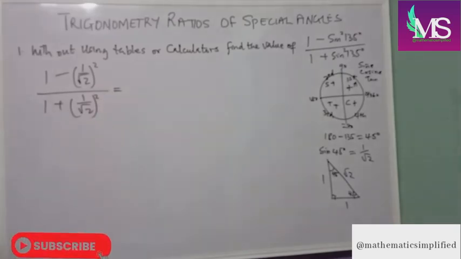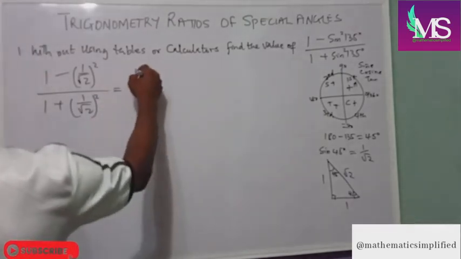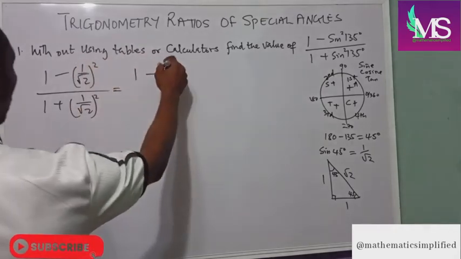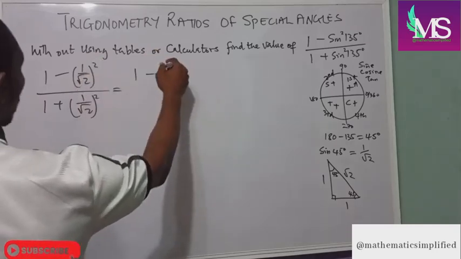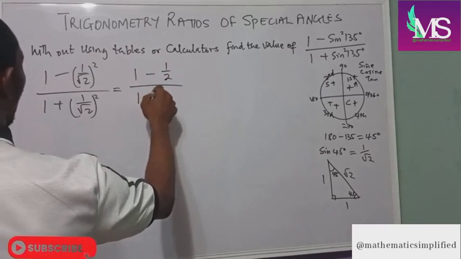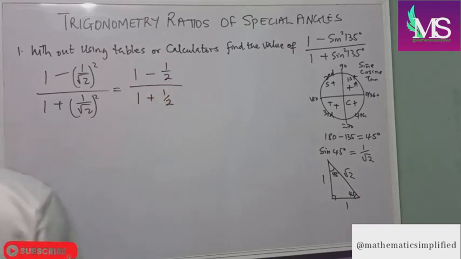Solving this out, the square will cancel our roots, so we have 1 minus 1 over 2 all over 1 plus 1 over 2.